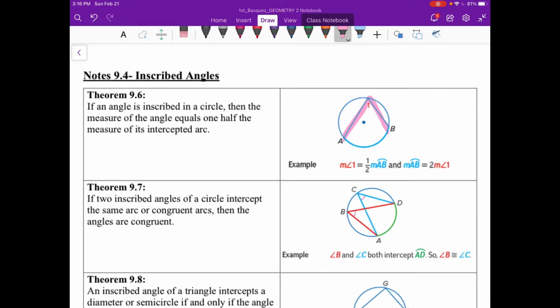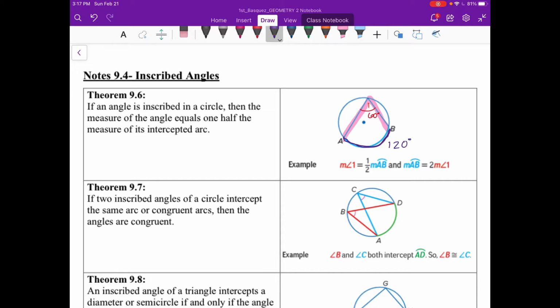And if I tell you that angle 1 in here is 60 degrees, because it's inscribed all the way inside the circle, that means we can assume that this arc is going to be 120 degrees. It's always going to be double the inscribed angle measure.